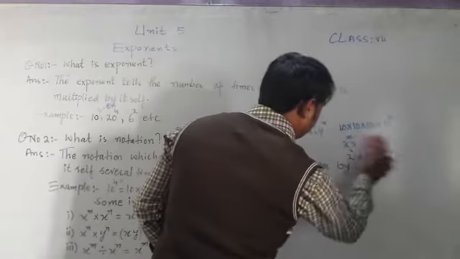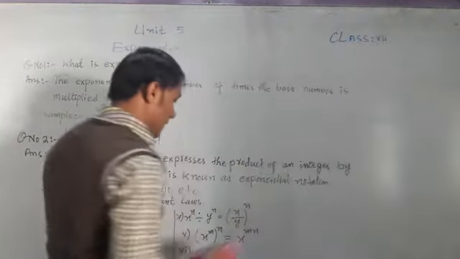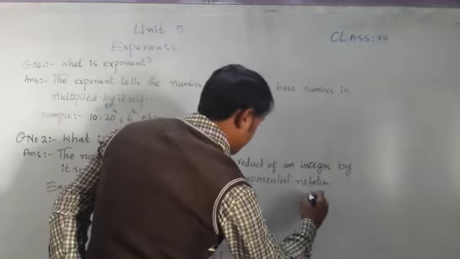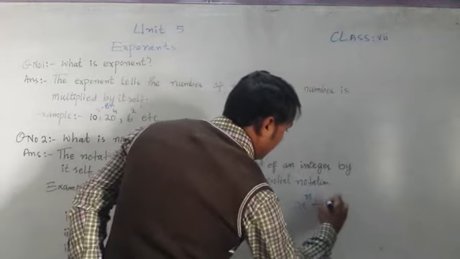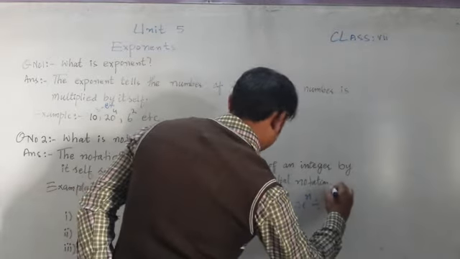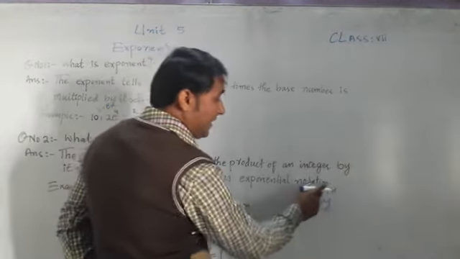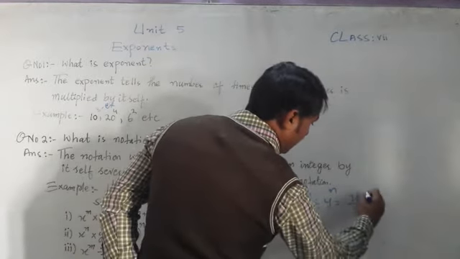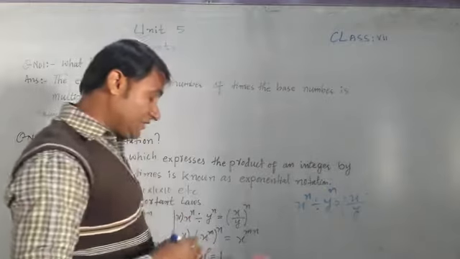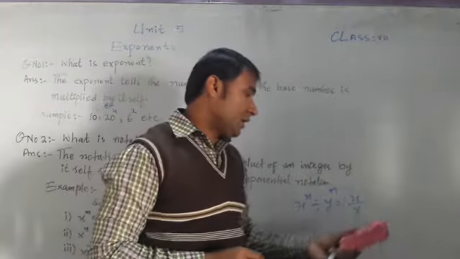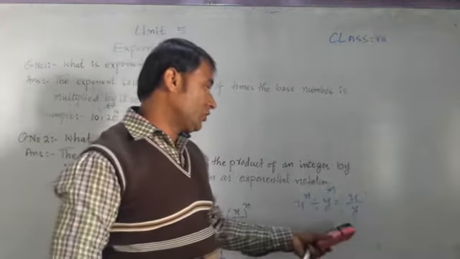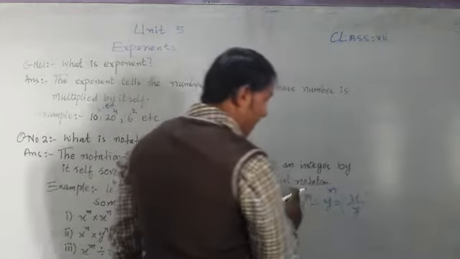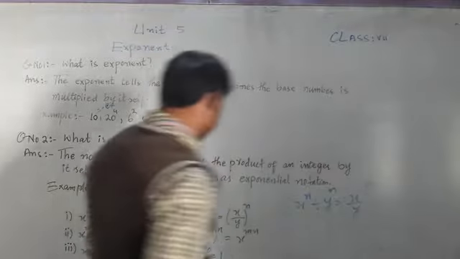See now: x power n divided by y power n, meaning the powers are the same but the bases are different, so we write x upon y. In fraction form, the down one is the quotient and the upper one is the product, so x is divided by y, and the power is the same, so we write the whole power.